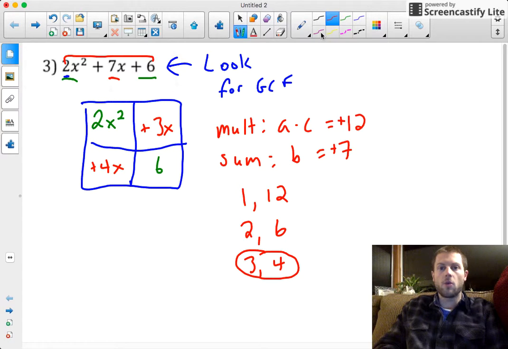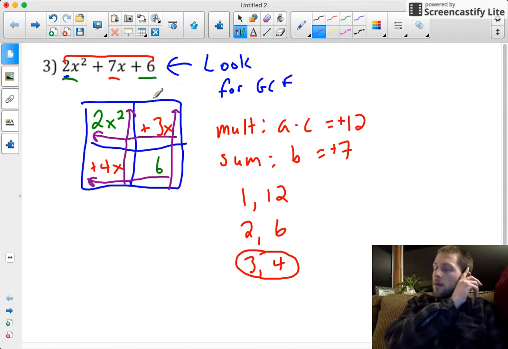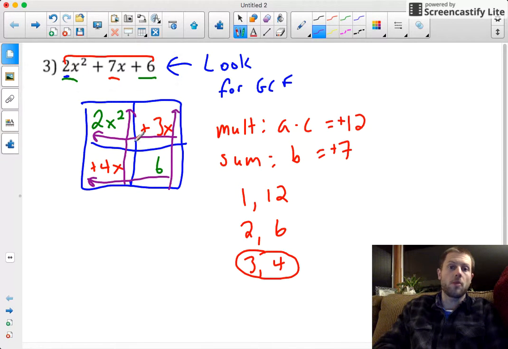Next, we need to identify the greatest common factor of each row and each column of my box. Basically, we're reverse engineering this box. It's kind of like the area, or the answer to a multiplication problem, with my length times my width.